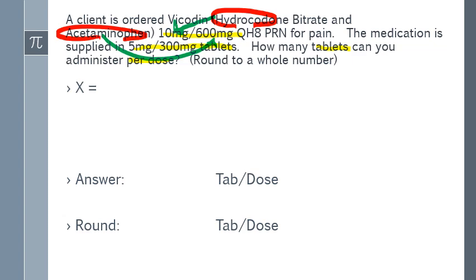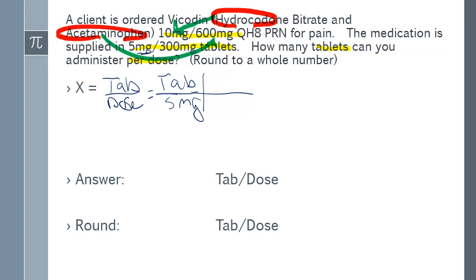All right, so we are solving for tablet per dose. Now, if we're working on the left-hand side, we know that we have tablets, and those are ordered or supplied in 5 milligrams.